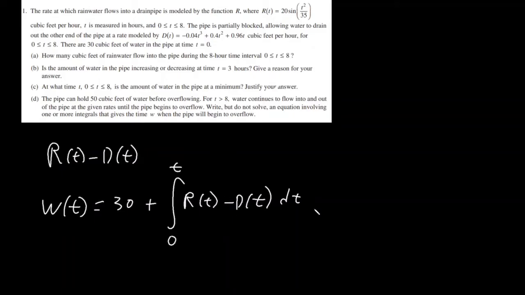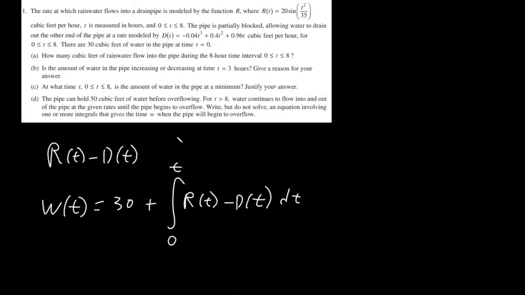Sometimes I don't feel like putting in the extra work, but if you would like to be more accurate, you can replace the t's with x's here. This t and this t are different t's, if that makes any sense. So either way, this function tells us you started with 30, and then you changed it by this much, and so that'll tell you the amount of water at a certain time.